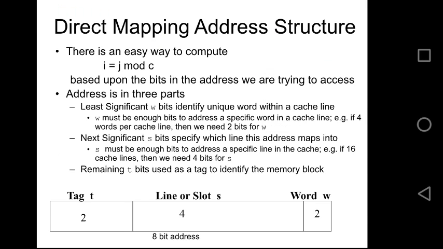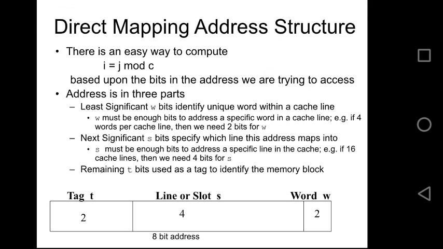The address is in three parts. The least significant W bits identify a unique word within a cache line. W must be enough bits to address a specific word in the cache line.